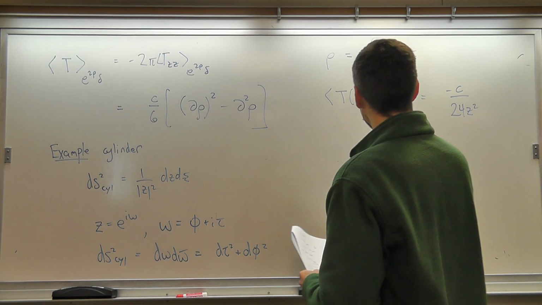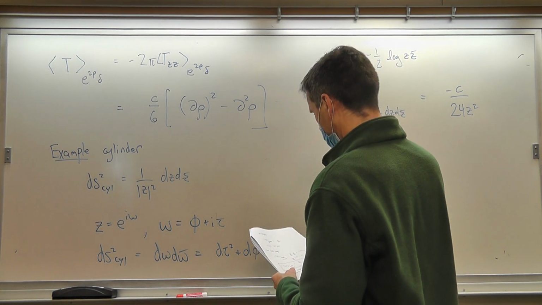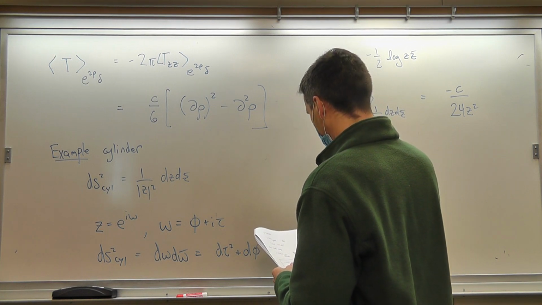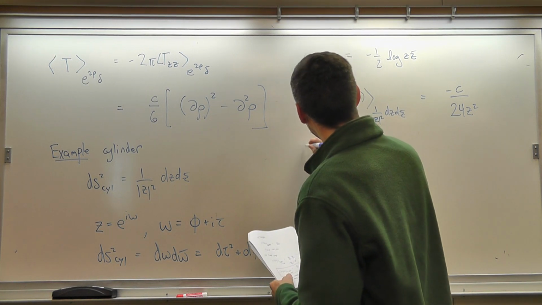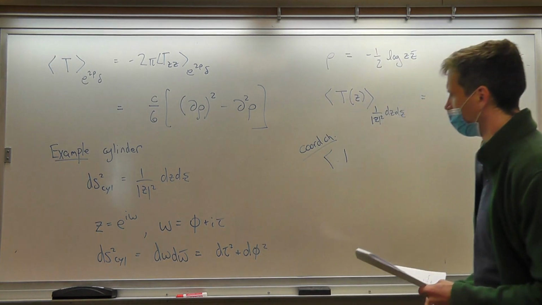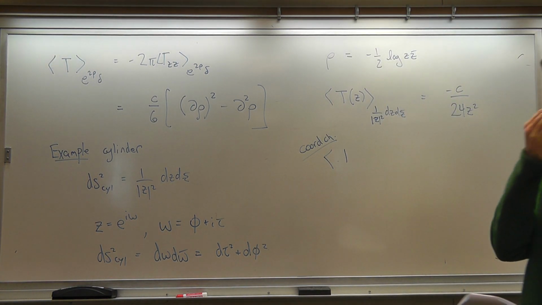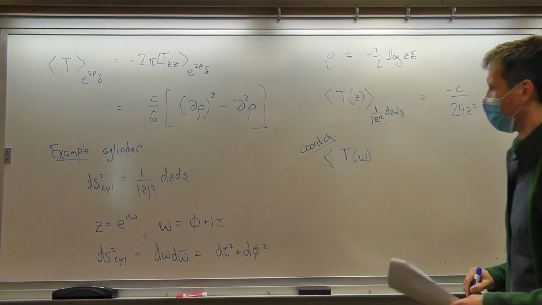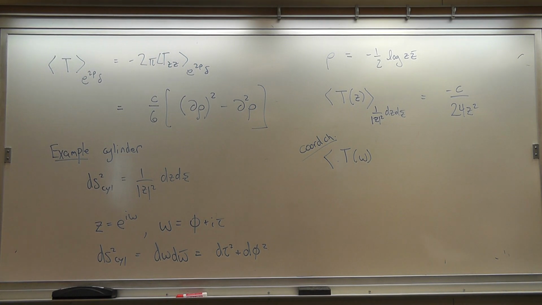Which means that now we're going to do a coordinate change to go to the w coordinate. So T of w, and this notation is kind of annoying, but everyone does this, I can't help it.